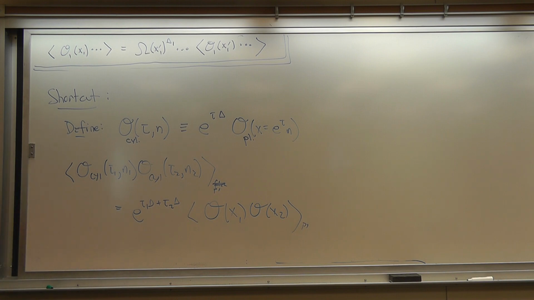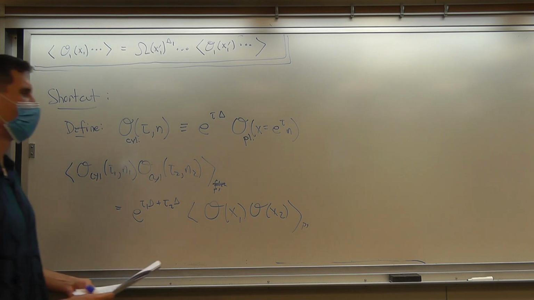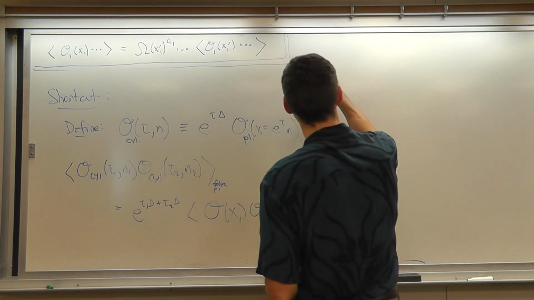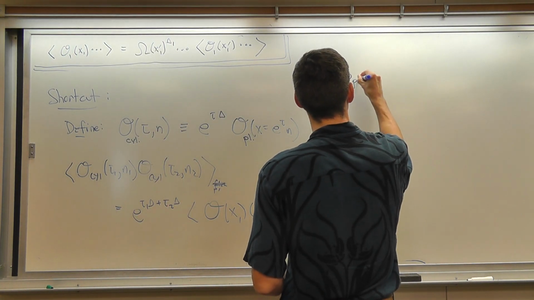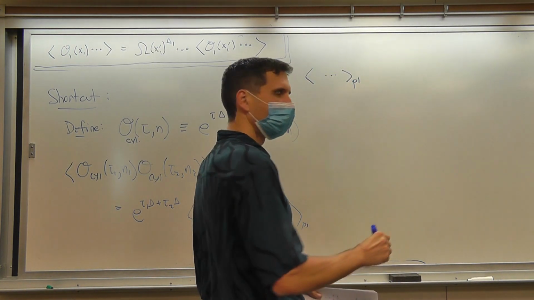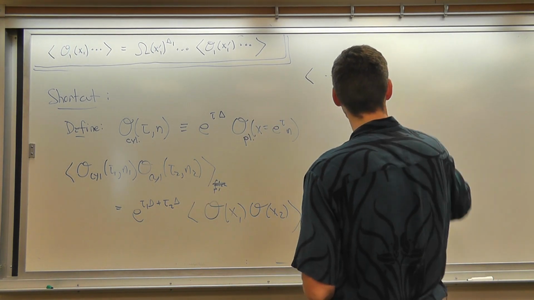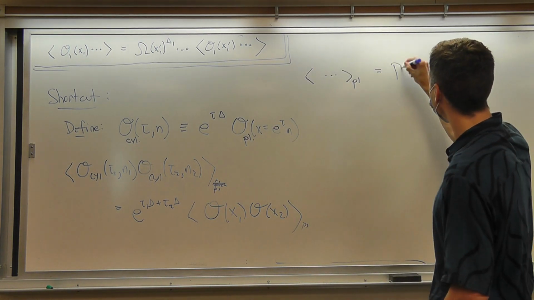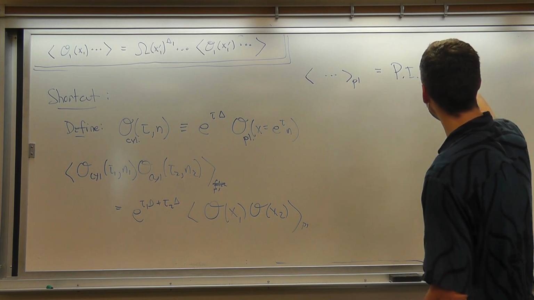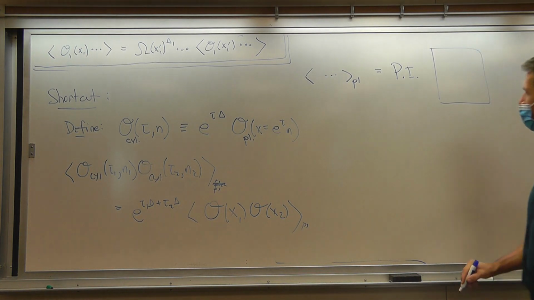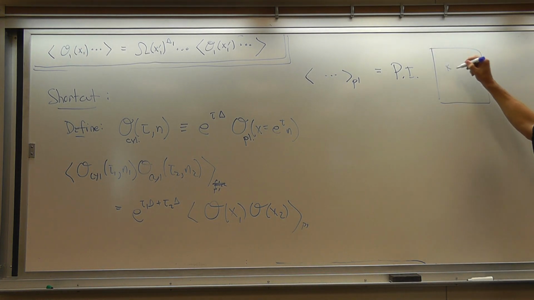Okay, so let me try to address your question of which vacuum we're in and everything. So when I write a correlator on the plane, one way I can think about that is that this is defined by doing the path integral on the plane with some operators inserted.